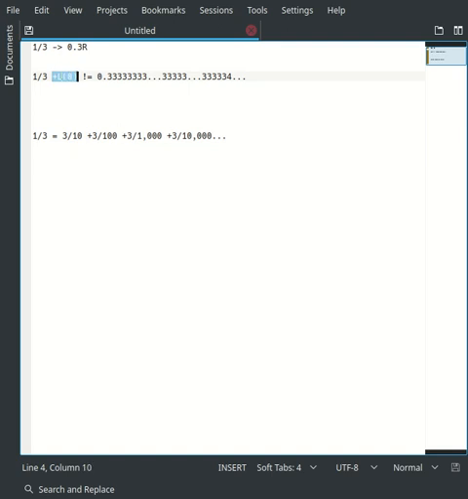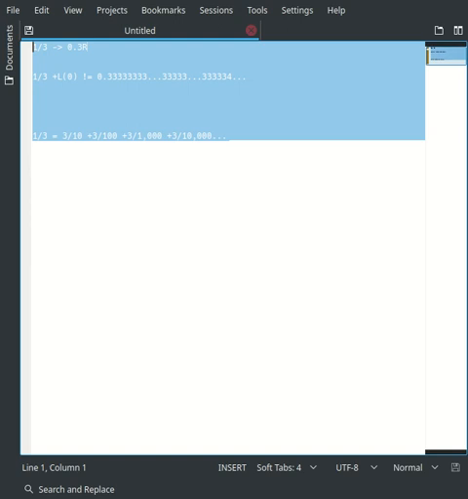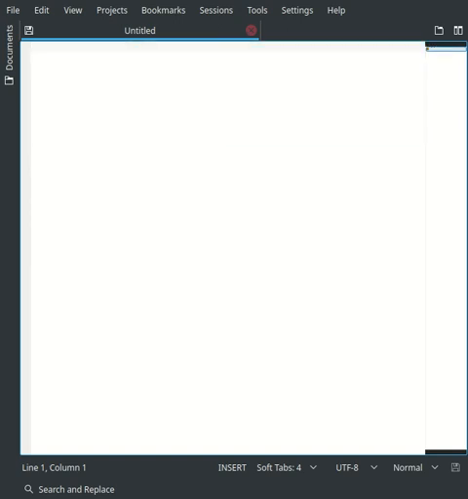Because you can never even get here, let alone see the fine difference between here and here. That difference is so tiny, it's inaccessible to arithmetic.